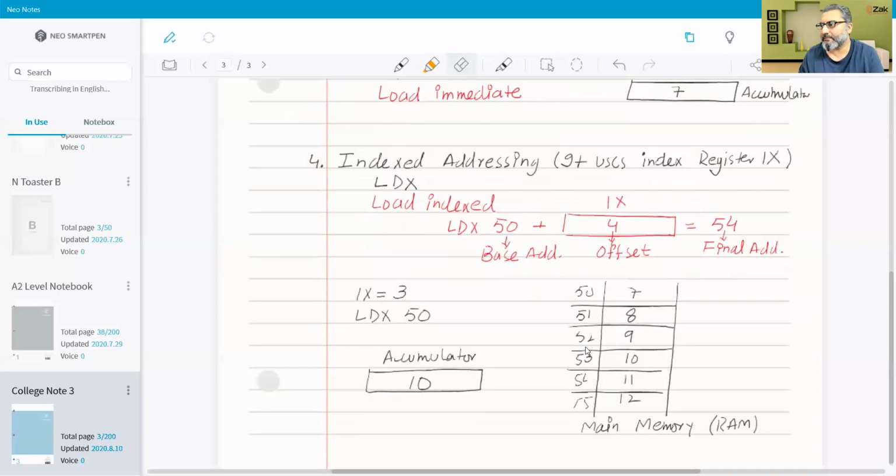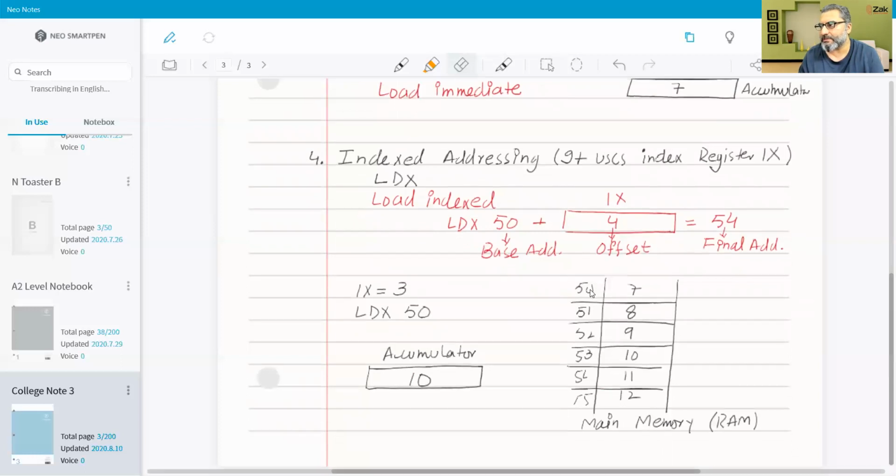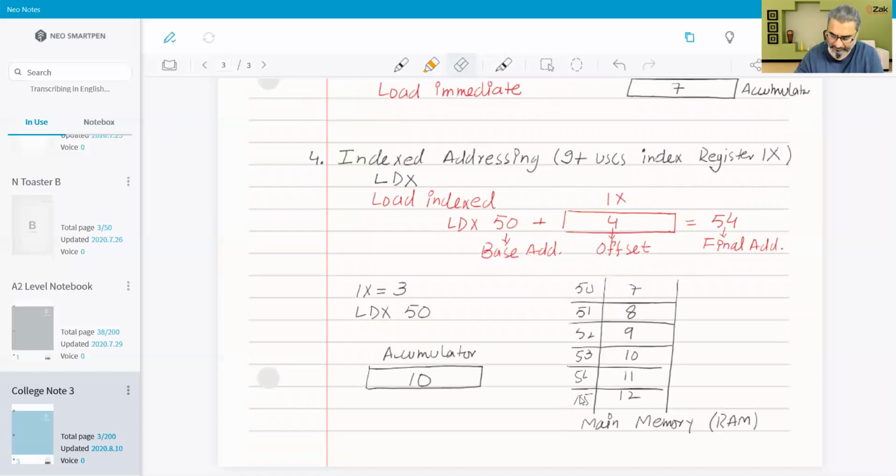So let's say I've got this memory which has addresses 50, 51, 52, 53, 54, 55. Let's say I have written this command LDX 50 and the content of the index register is 3.